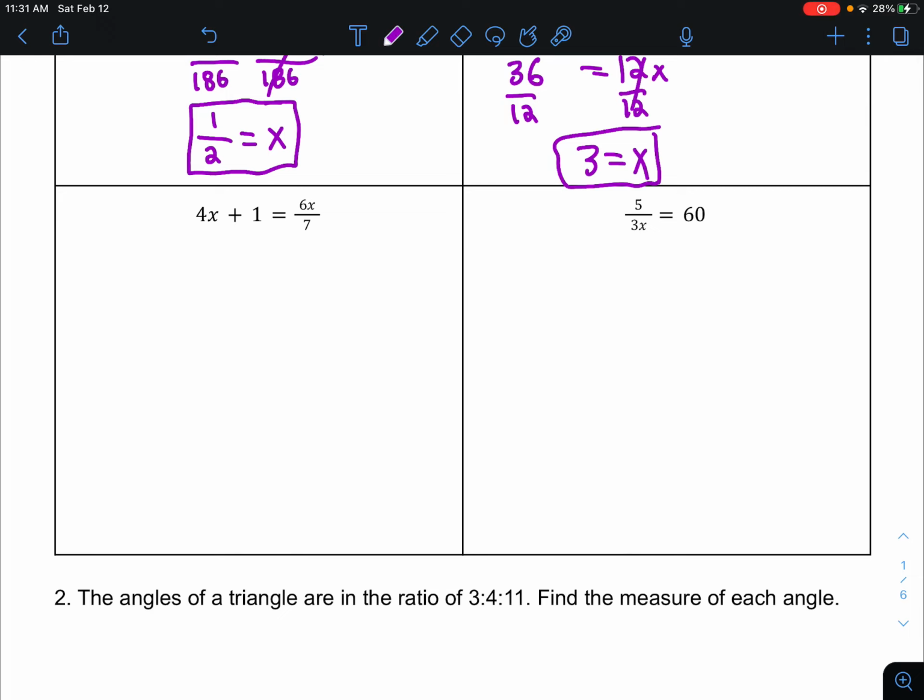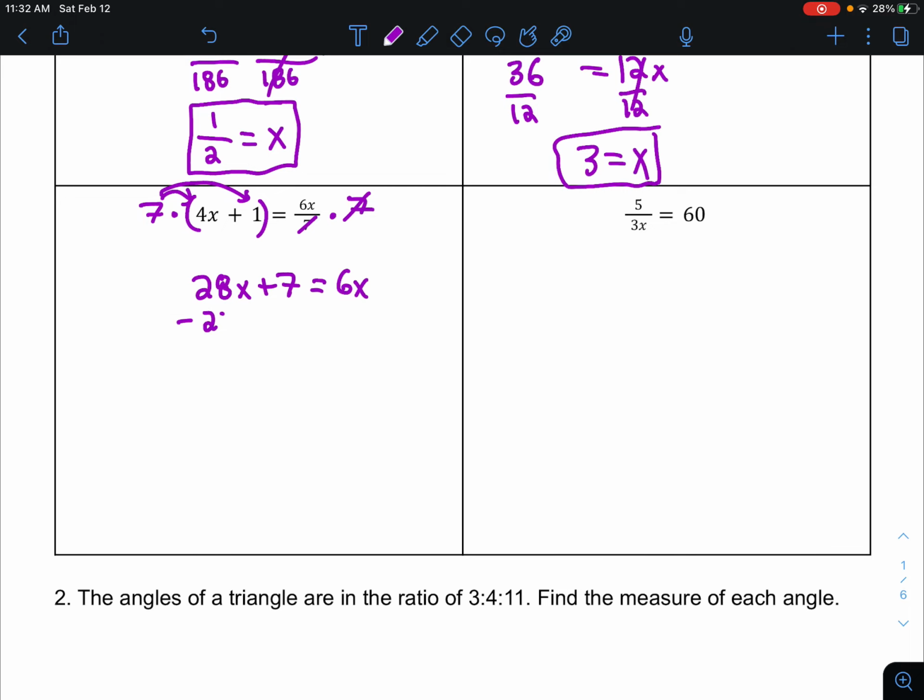But in our case here, it's easier just to multiply both sides by 7, clearing our denominator, making sure to distribute this 7 to both terms. So we get 28x + 7 equals 6x. And here we would like to get all our x's on one side and all our constants on the other.